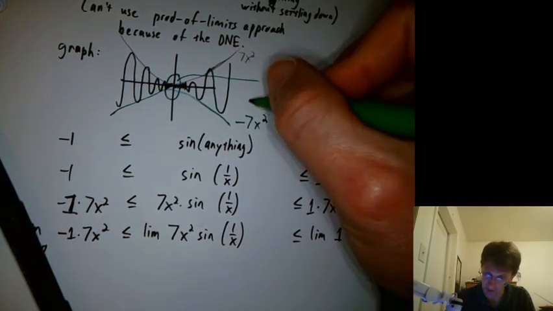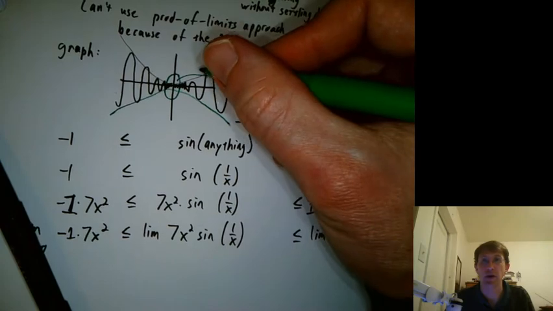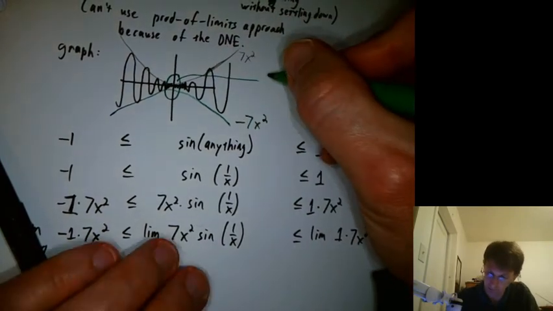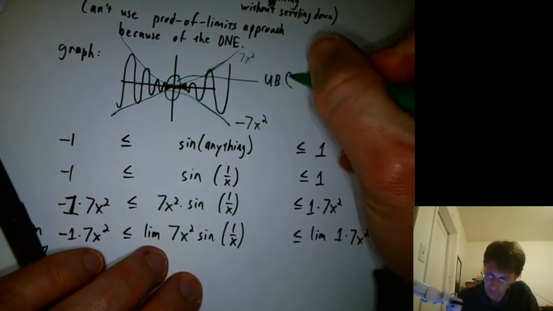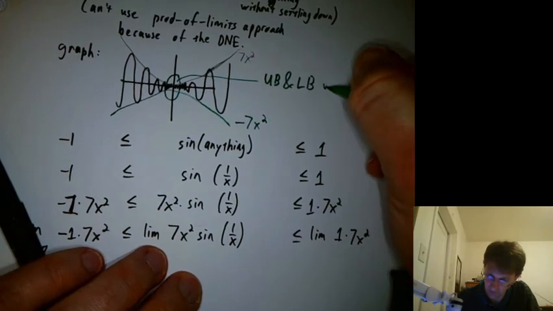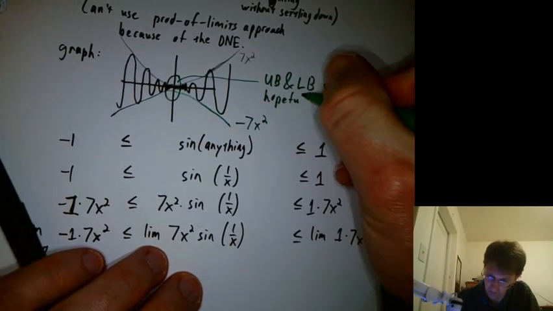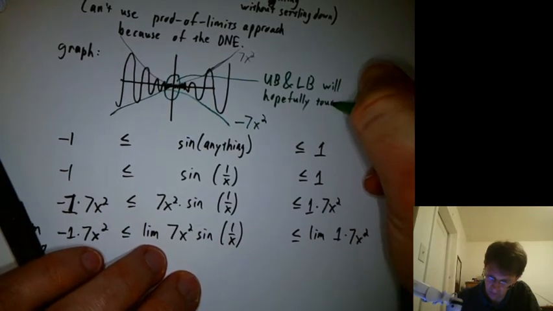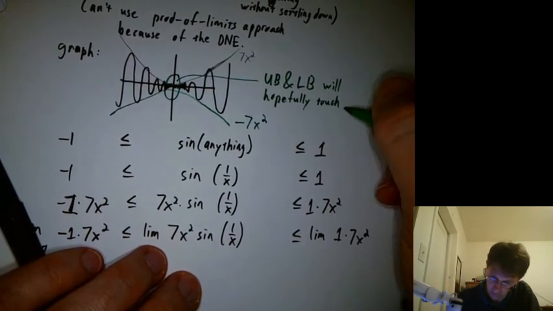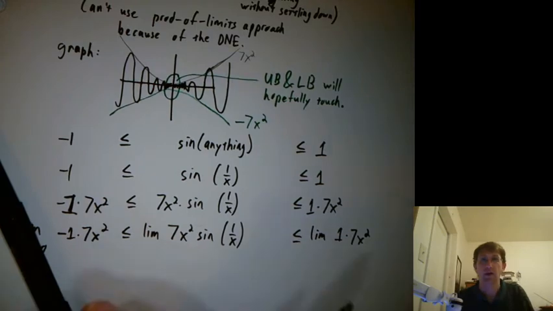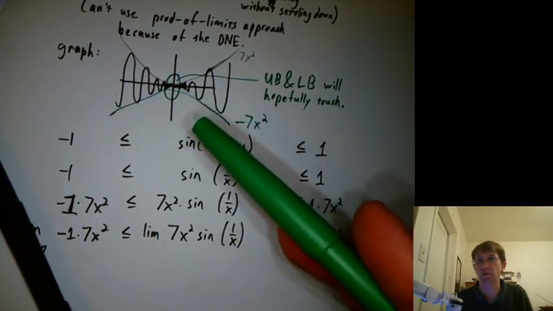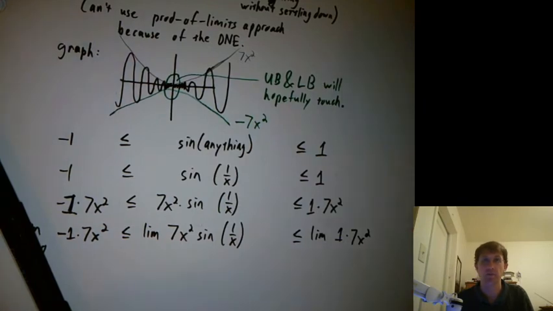So our upper bound and lower bound hopefully will touch right at the middle. In this case, it would be at x equals 0. If we were taking the limit as x goes to 5, then hopefully they would touch at x equals 5.